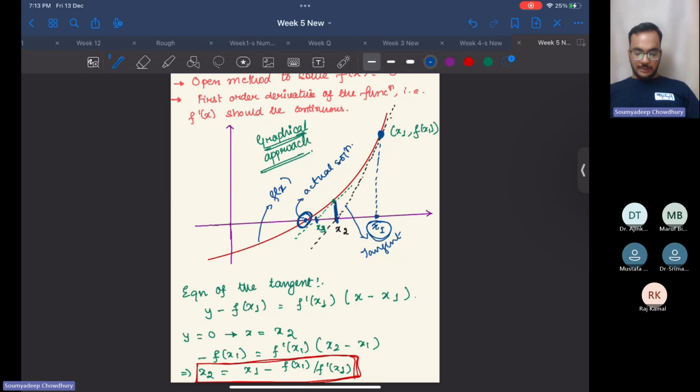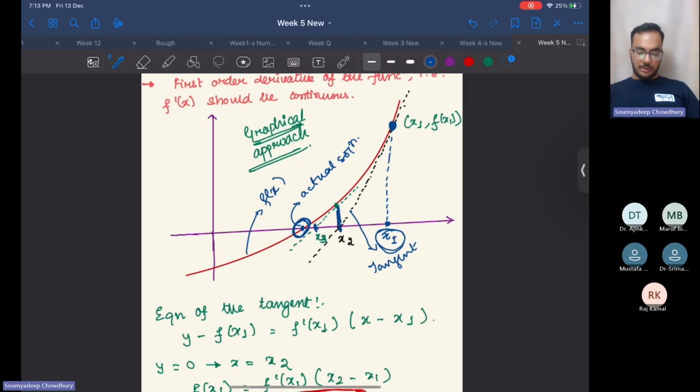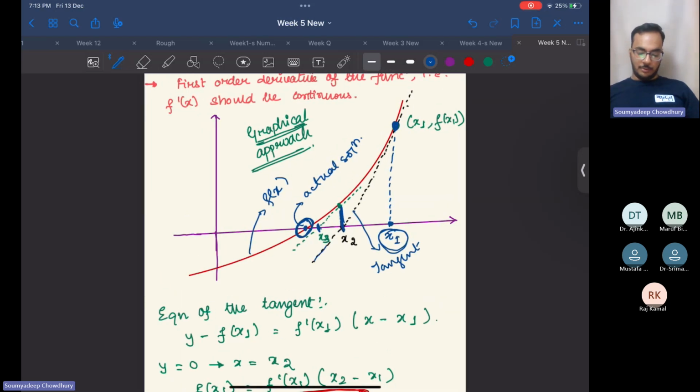So what is the equation of the tangent here? Just note it carefully. The first tangent I am talking about is this tangent. What is the equation of a line? It is basically y minus y1 equals slope into x minus x1, where x1 and y1 are the points through which the straight line is passing. You know one coordinate here, that is x1 and f of x1.